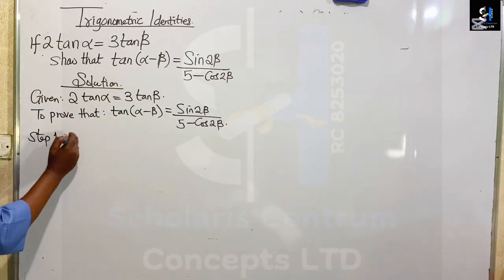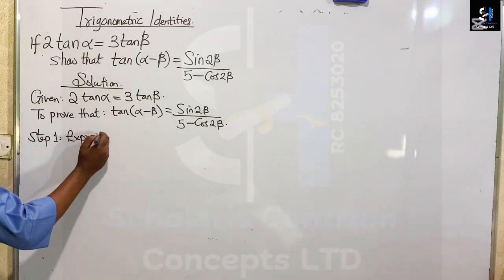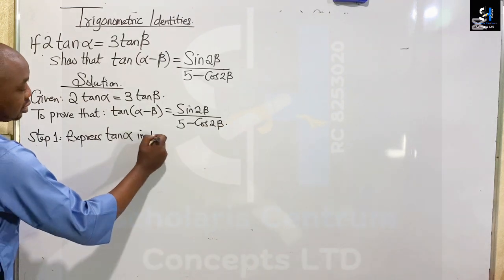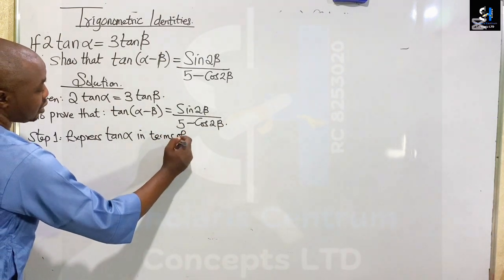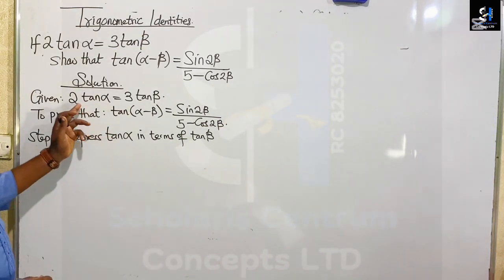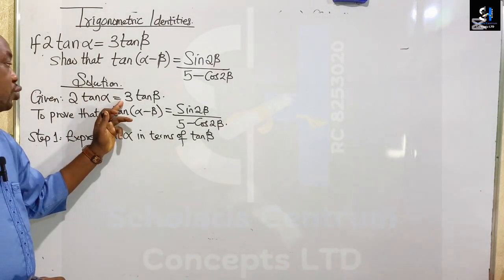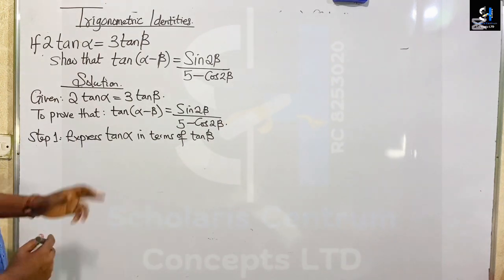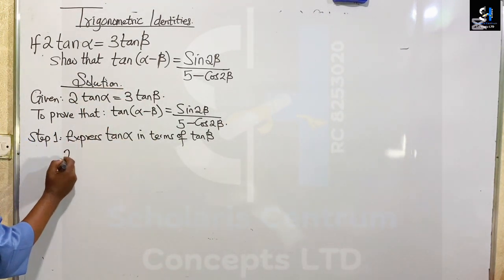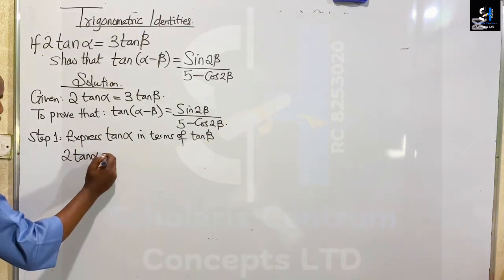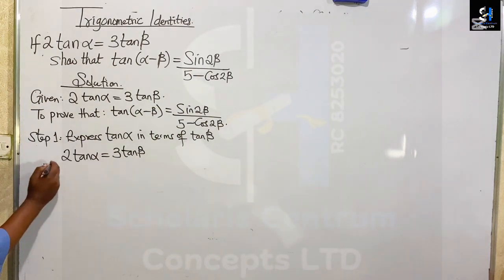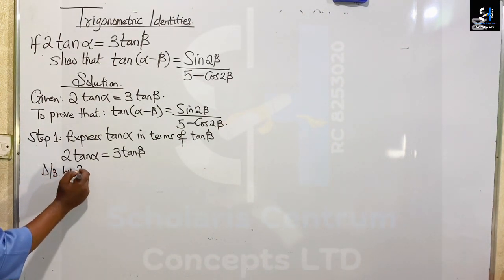So step 1, express tan alpha in terms of tan beta. We are given 2 tan alpha equals 3 tan beta, so let's divide both sides by 2.